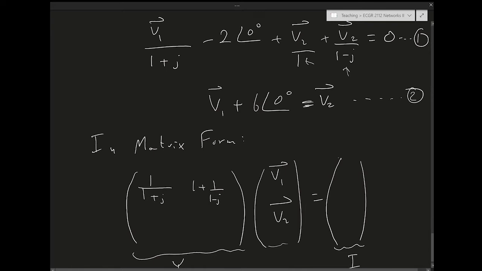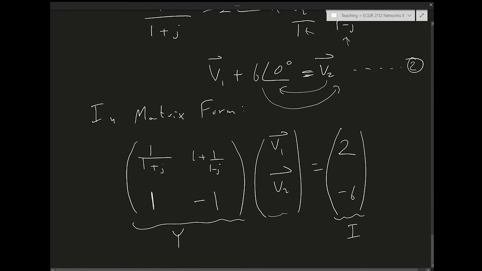That gives me what? Take 2 to the other side, that gives me 2 angle 0 degrees, I can't forget about the 0 degrees. And then V1 has a coefficient of 1. Take this to the other side, it becomes minus 1. Take this to the other side, it gives me minus 6. Okay, so this is what I need to solve.